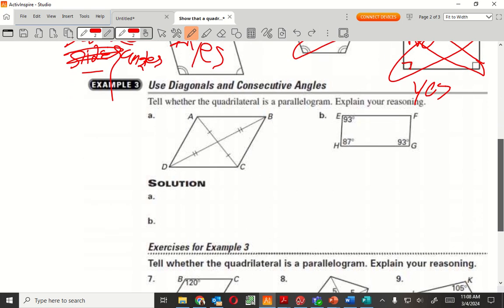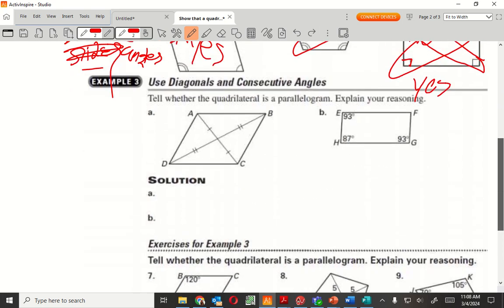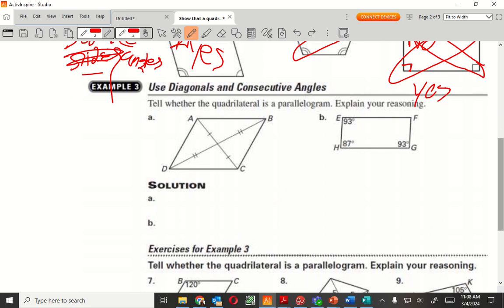All right. Now, for this last one here, diagonals. If we use the information from our theorems, the diagonals are congruent. That means that they're equal to each other. So when I bisect them, this diagonal right here is congruent right here and here.